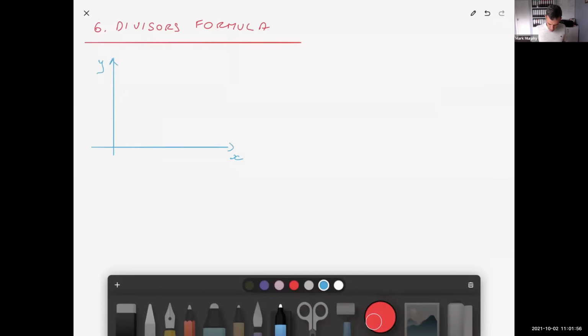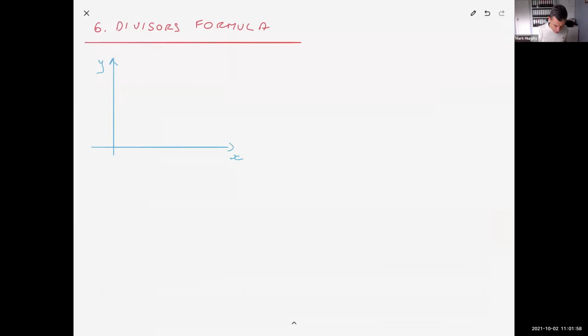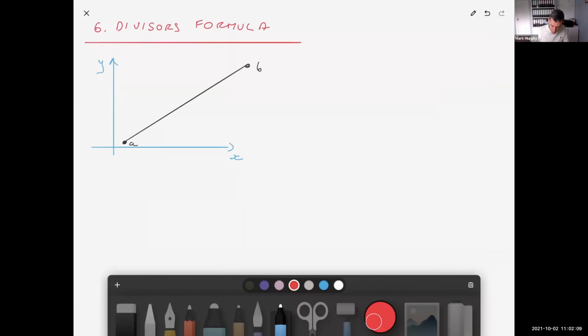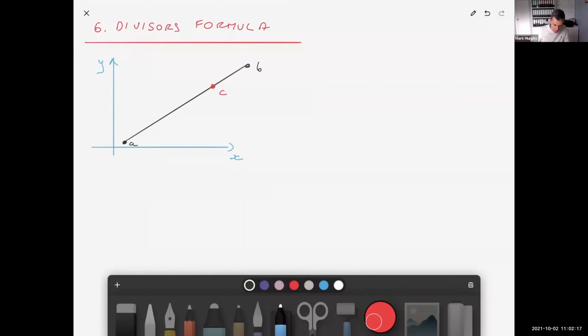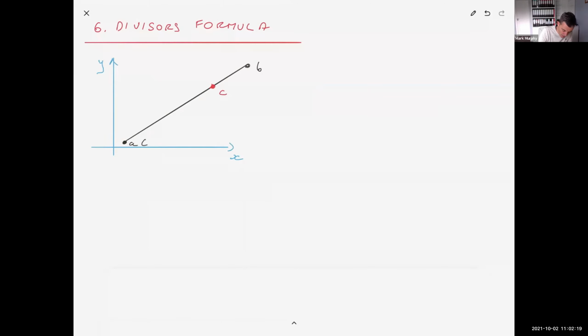We have a line, any line. And on that line, we have 2 points. The start of the line is A, and the end of the line is B. Now, what we want to do is divide that line up somewhere. So we'll say here, that's the point C. Again, A and B are known, so we give them the standard notation: x1, y1, and x2, y2.